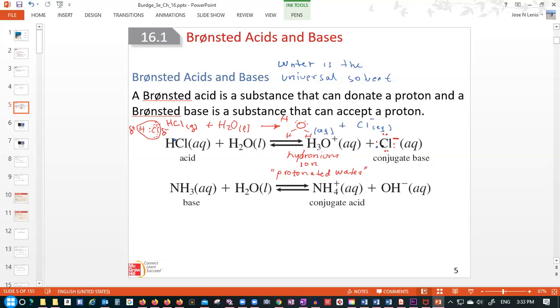And we call this the conjugate base of the acid. But also, we can say that this H3O plus is the conjugate acid in another reaction.